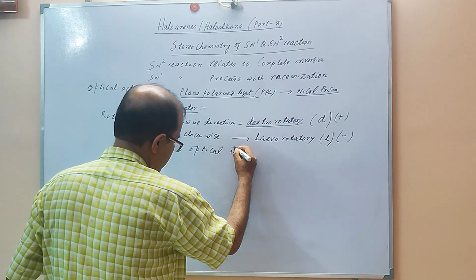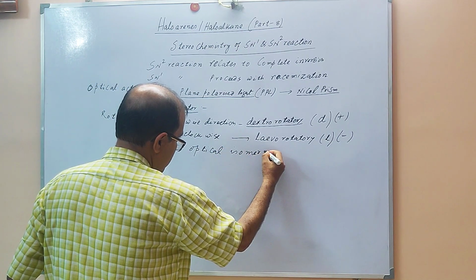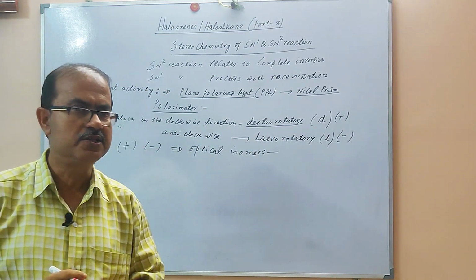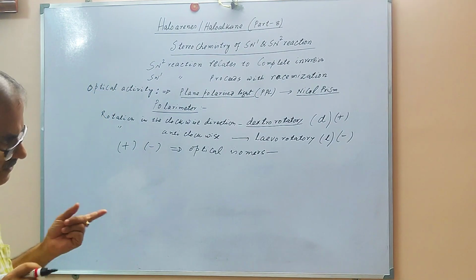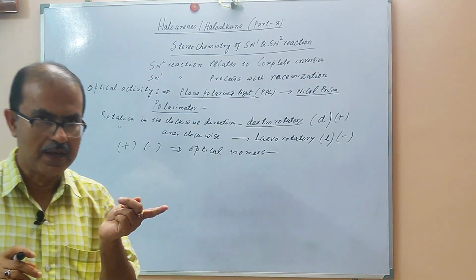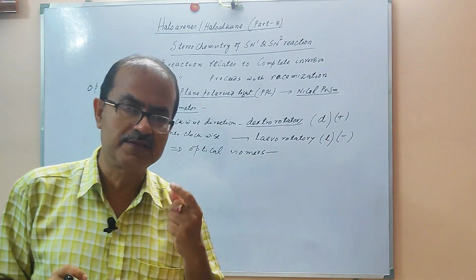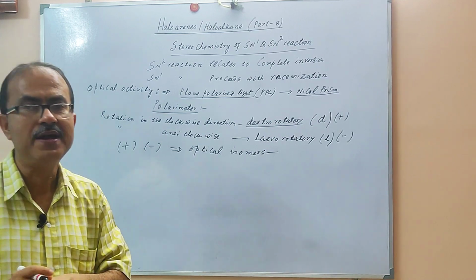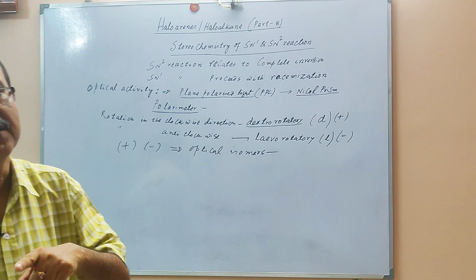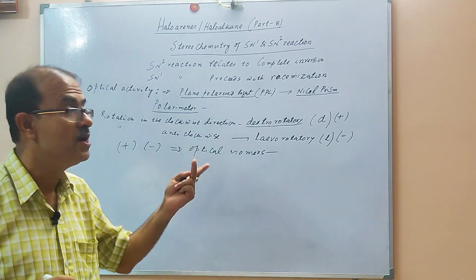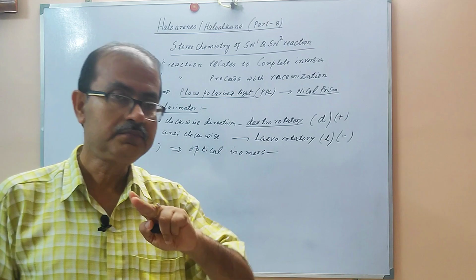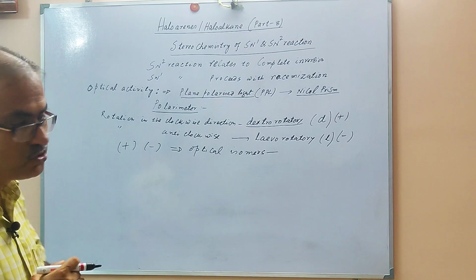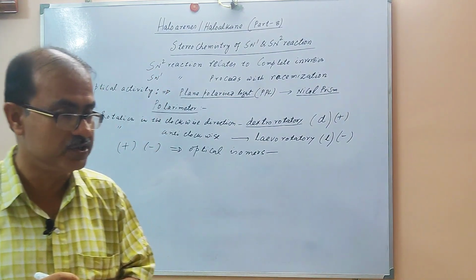The same compound has the same molecular formula, everything is the same, but sometimes it shows a positive direction rotation of the plane polarized light, and sometimes a negative direction rotation. We call this optical isomerism.